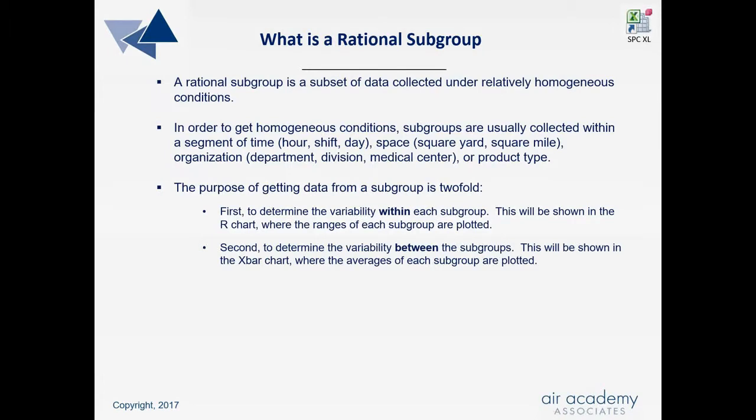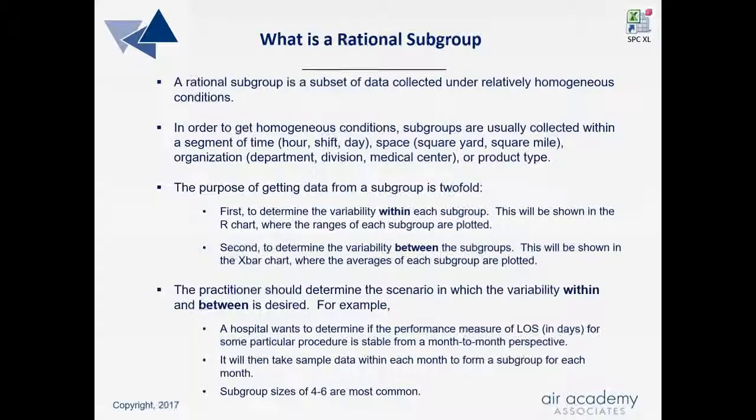We would expect the within subgroup variation to be less than the between subgroup variation because of the homogeneity of the subgroups. Let's take an example to give you a glimpse of what a subgroup really is.